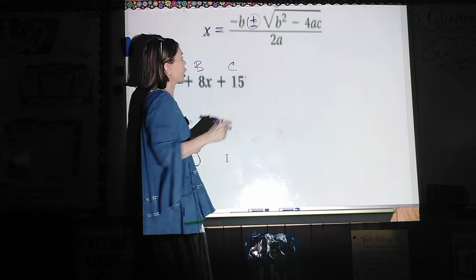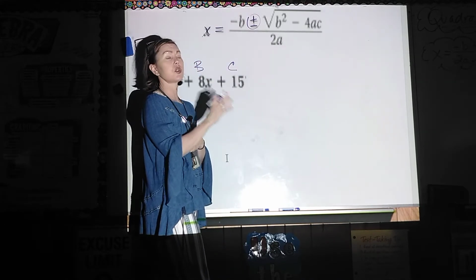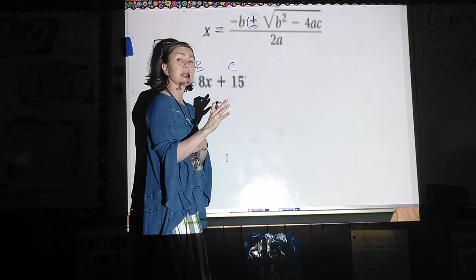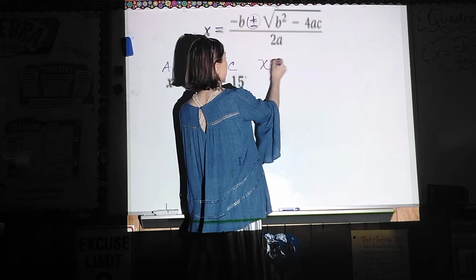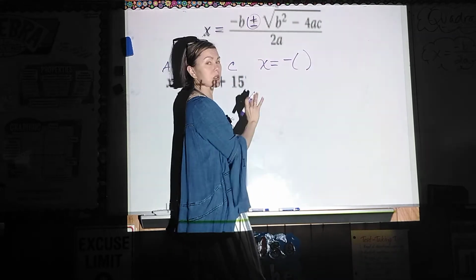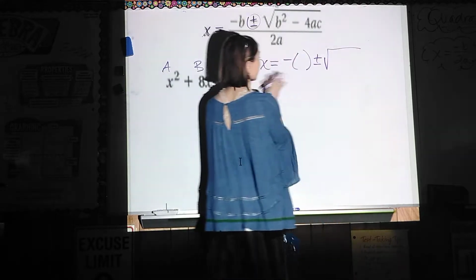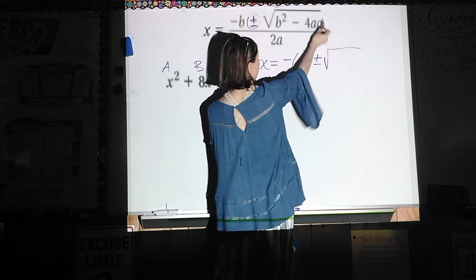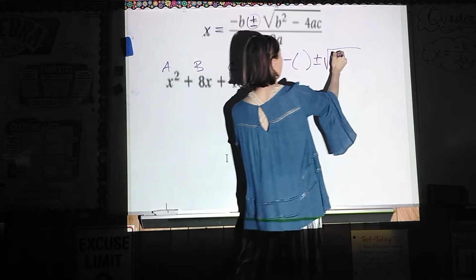As with any formula that we've had in the past, I've always told you to write the formula and then rewrite it with the what? The empties. So we're going to say x equals negative empty, plus or minus, and I'll explain what that means in a second. This right here, b squared minus 4ac, that's the discriminant. I'll explain that later.